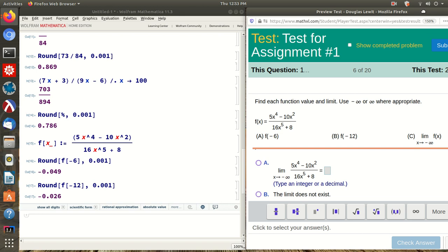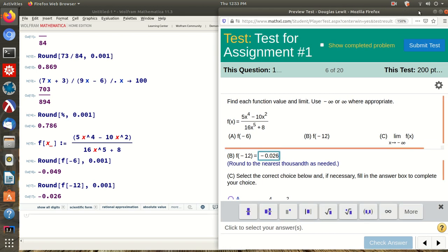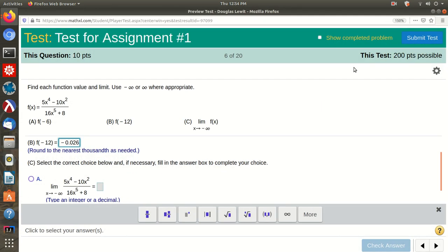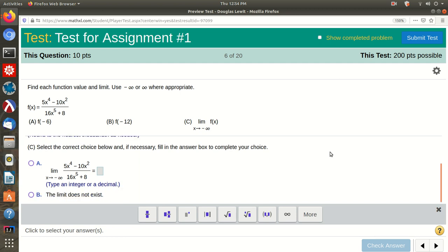And now for this one, select the correct choice below, and if necessary, fill in the answer box to complete your choice. What is the limit when x becomes super negative, a very, very large negative number?